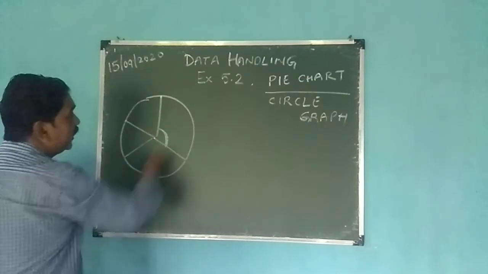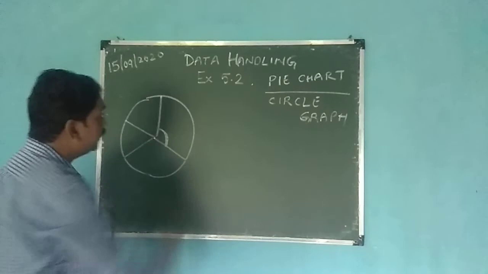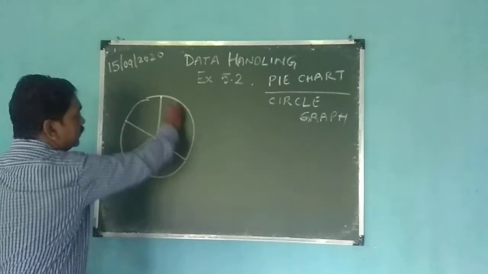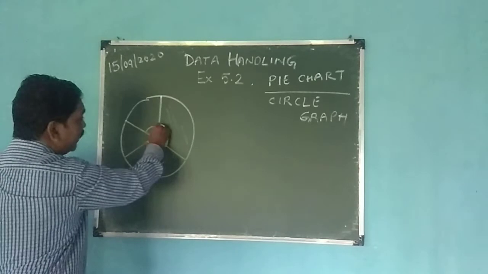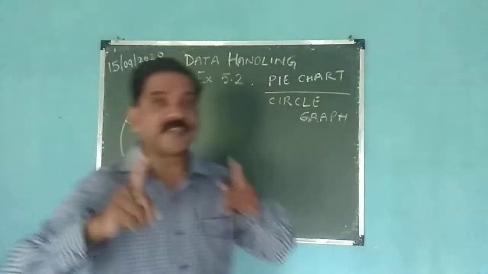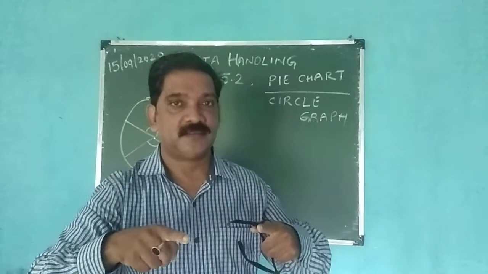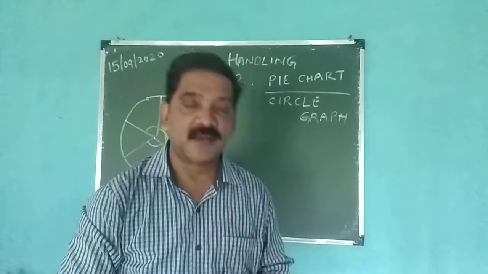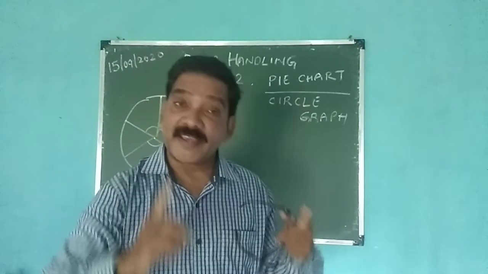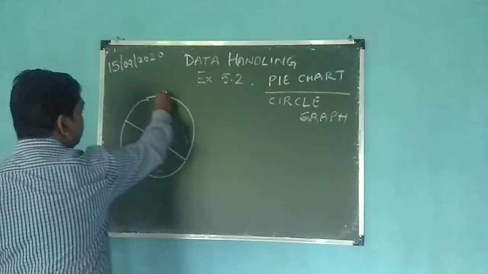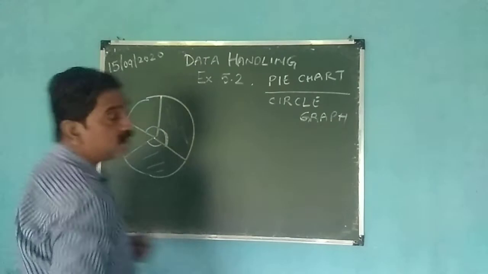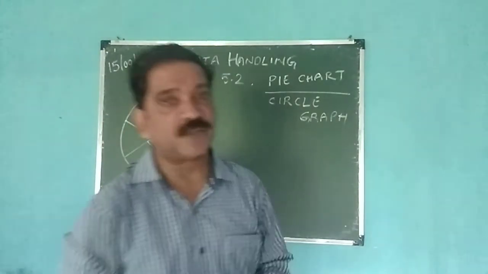Remember, this part is sector. This part is sector. This part is sector. But this is central angle. Line made by the radius with the center is called central angle, and the area covered by the radius with the circumference, for example, this area, that is called sector or area of a sector.